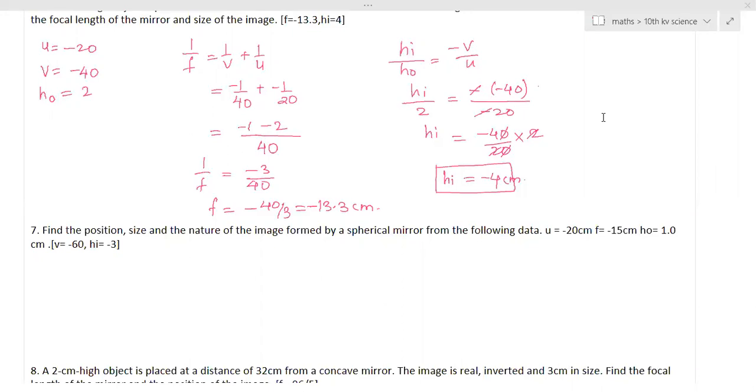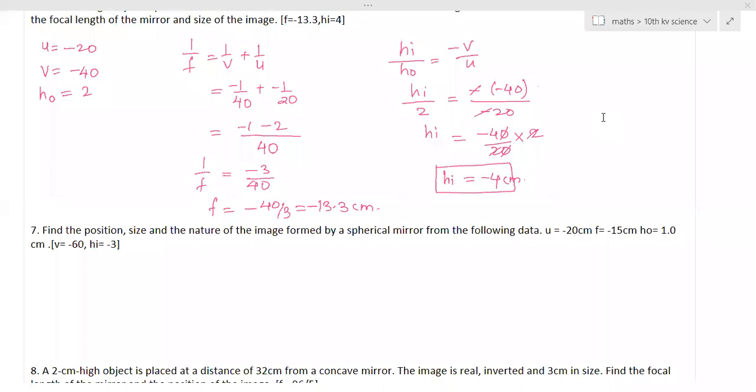Ma'am, V is equal to minus 60 and HI is minus 3.